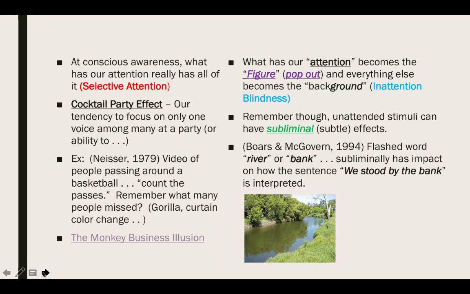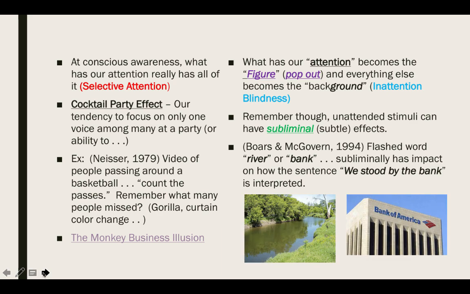Depending on what word you saw ahead of time, subliminally, you may draw a picture of a slow meandering river or somebody standing in front of a bank at an ATM machine, for example. So inattentional blindness does occur, but those unnoticed stimuli might have a subtle fleeting effect on our perception.